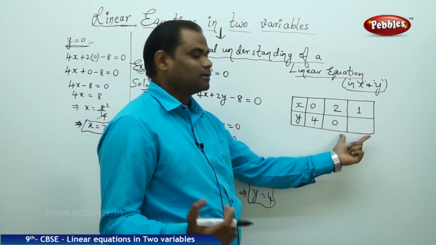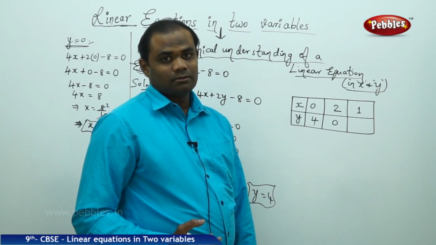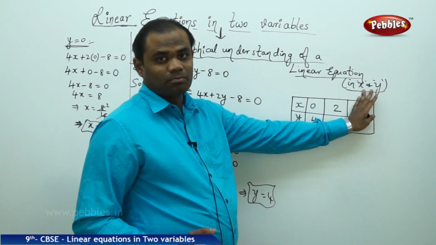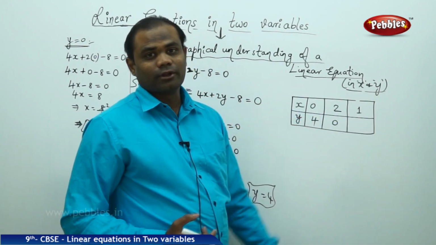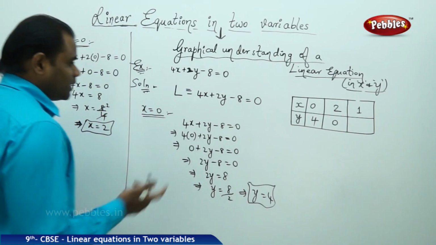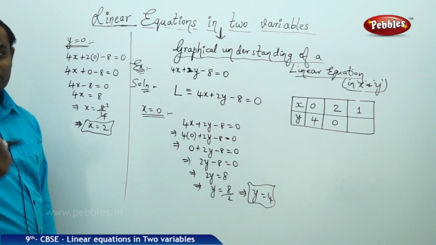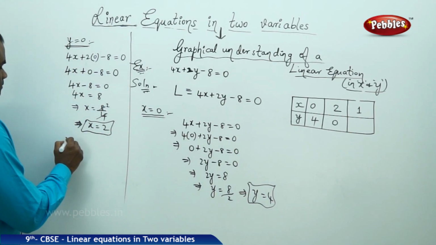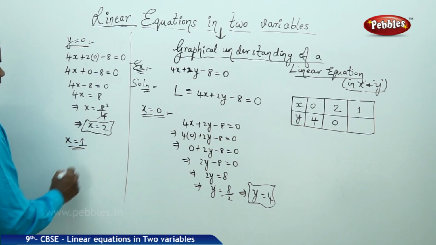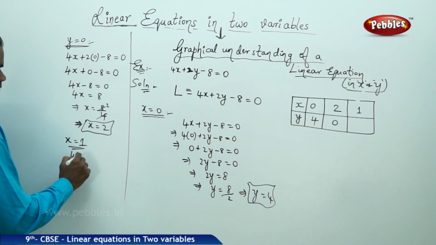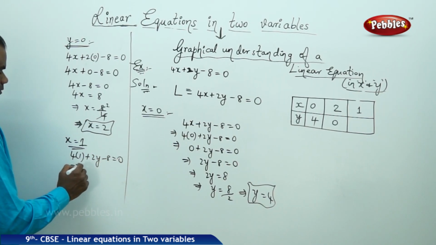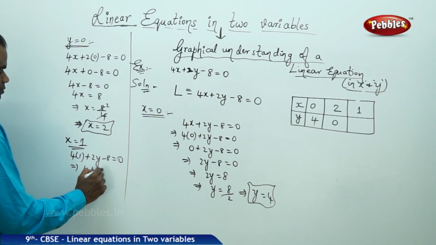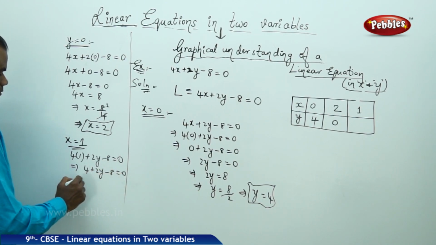Finally, it's about filling the last one. We need only 2 points to sketch the line, but we take a third point for verification, so when x is 1, let's see what the value of y is. X is 1, so 4 plus 2y minus 8 equal to 0.